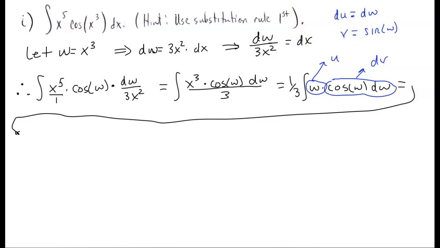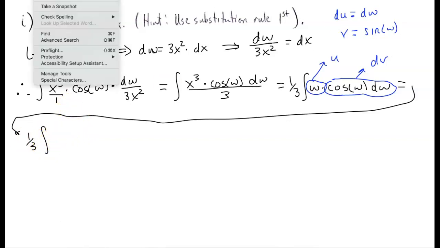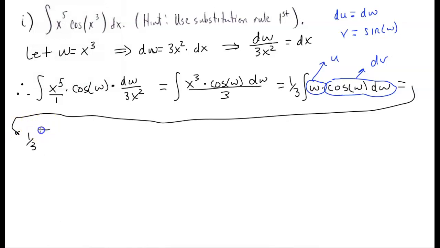So now that we have all of that, then we know that this is just going to be 1/3, and of course I'm going to write the formula in here, uv minus the integral of v du.